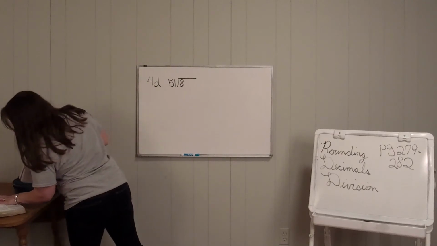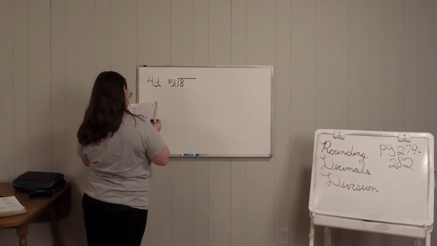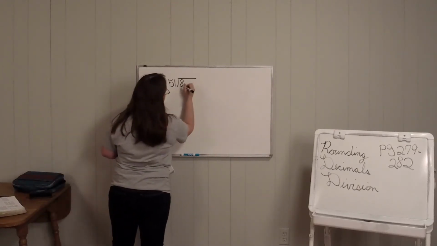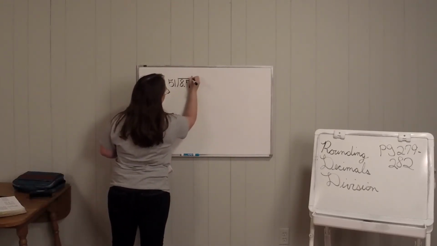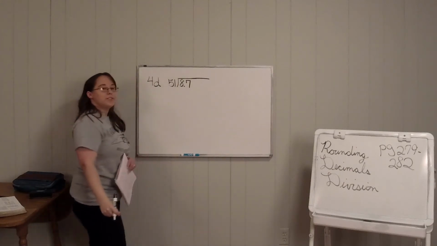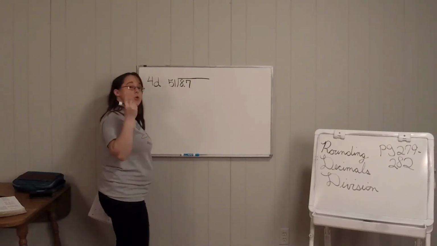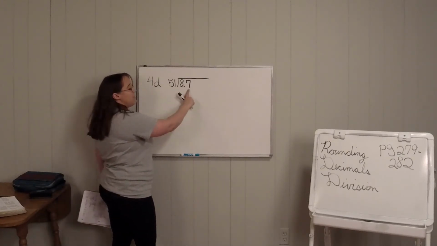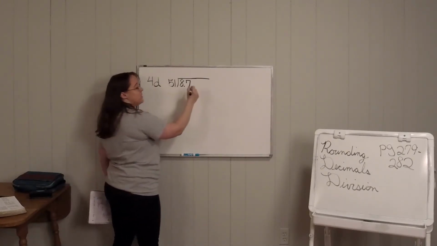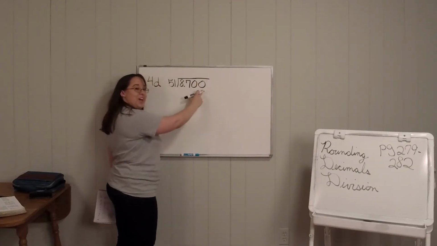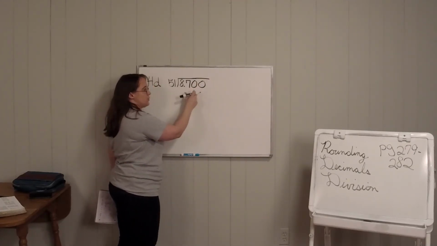Am I correct? Yes, 8.7. Okay, it said we're going to round to the nearest hundredth place, but we only need to add 2 zeros because we already have a number in the tenths place. So, hundredths, thousandths, because we have to have that thousandths place so we can round to the hundredths place.